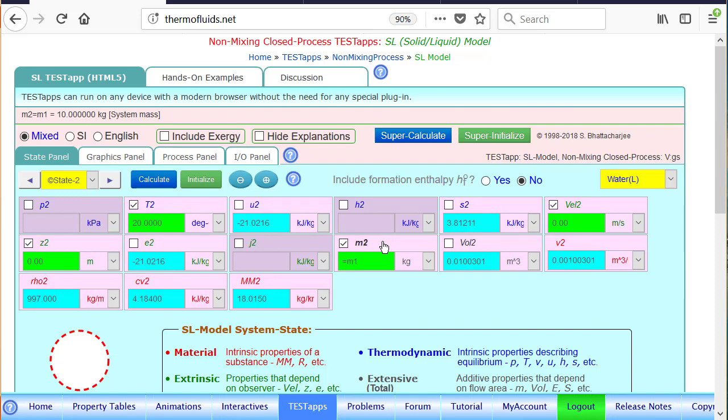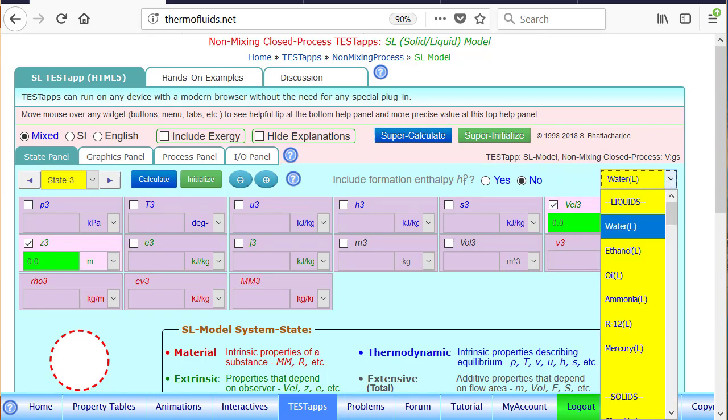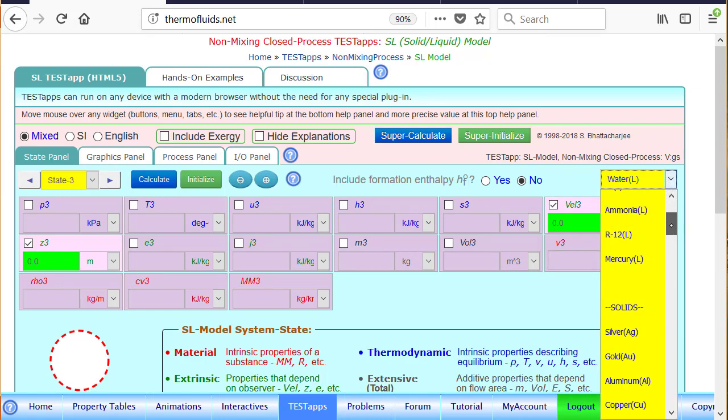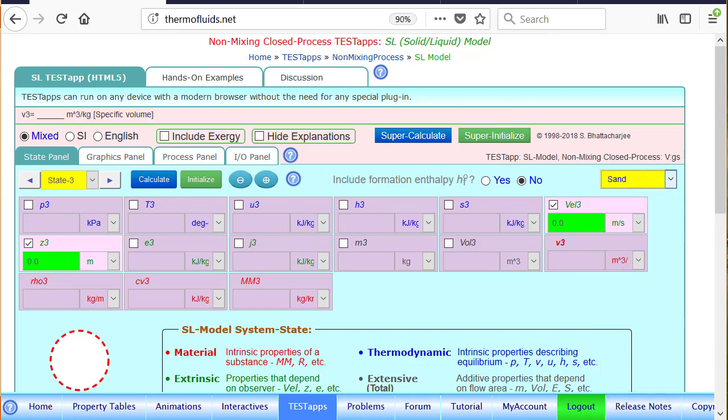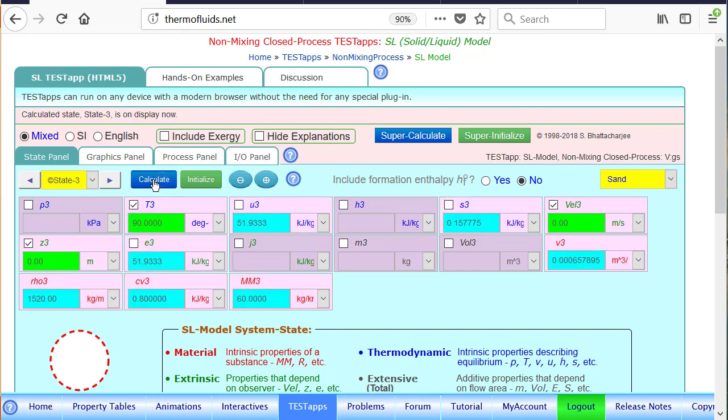and state 2 is evaluated. Now let's use state 3 for sand. Sand is available right there. The sand temperature at T3 is 90 degrees Celsius. That's given to us. We do not know the mass, so that's all the information we know about sand.